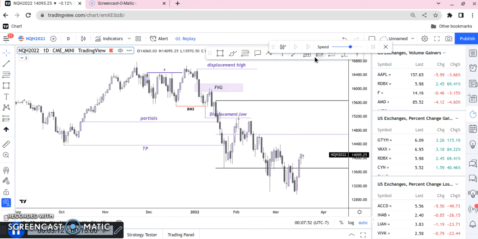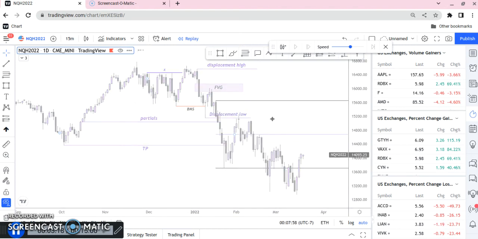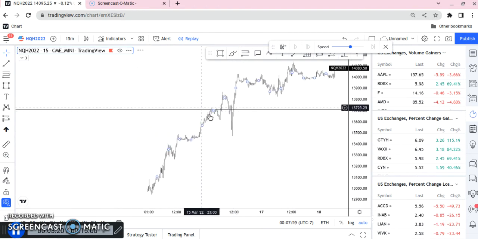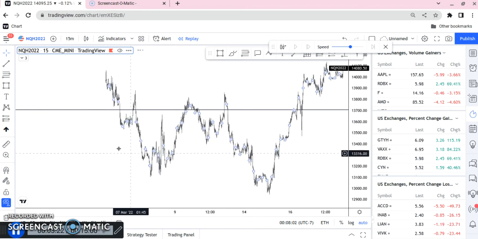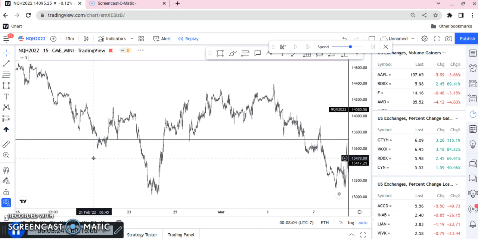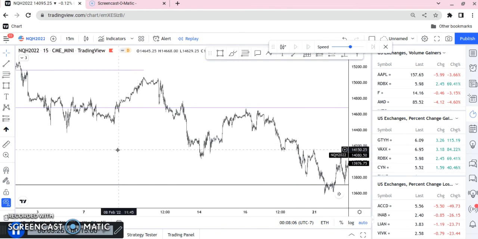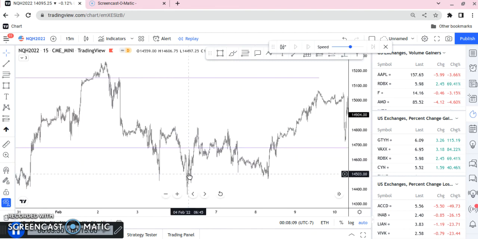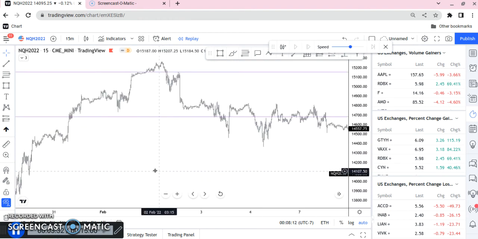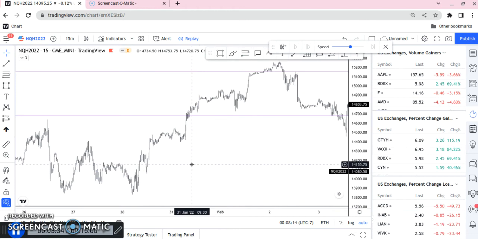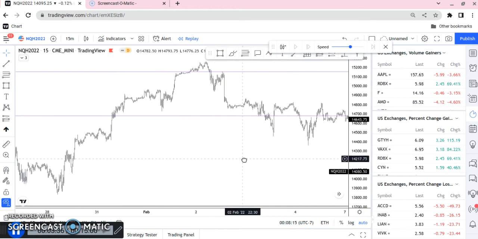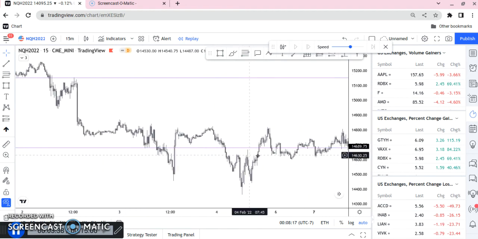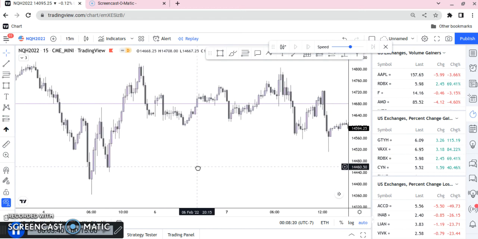Okay, it should be here somewhere, February 2nd. So if we go to 15-minute time frame, we go to February 2nd. Okay, February 2nd. Around right here.